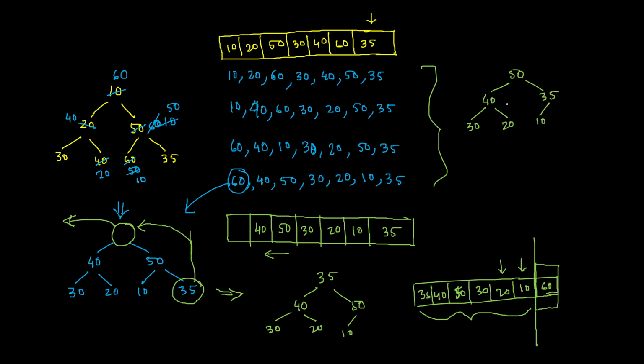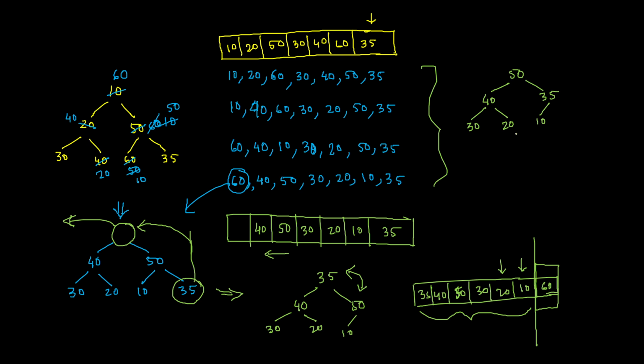Now since you have actually swapped between these two sides, and after swapping where 35 came is not a leaf node, that is why 35 should again be checked with its children, and we can see there is only one child, so 35 will be checked with 10, and we will see that 35 is already greater than 10, so it is a part of the max heap, so there is no issue. And you can see that this particular complete binary tree is also representing a max heap again.